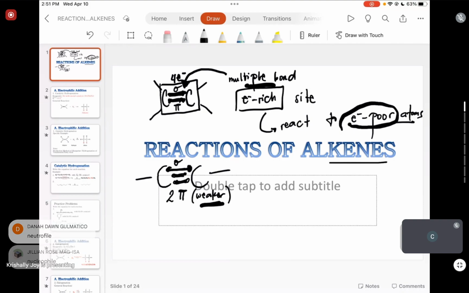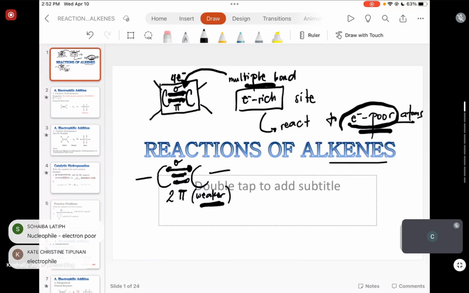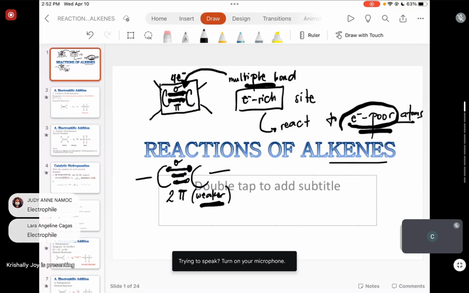Yan lang yung tanong ko. Bakit halo-halo na yung mga sagot? What's the final answer? Kapag electron-poor atom, what is that? Electrophile or nucleophile? O halo-halo pa rin. Sige, final answer?